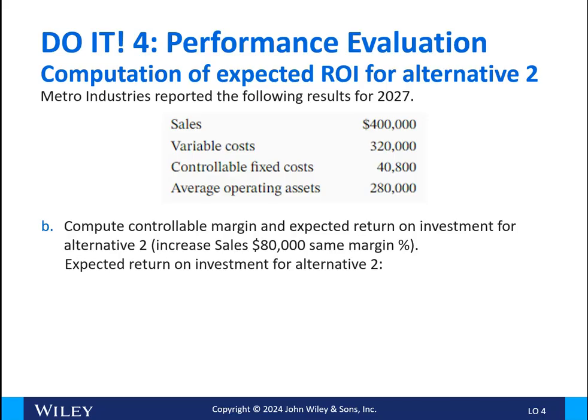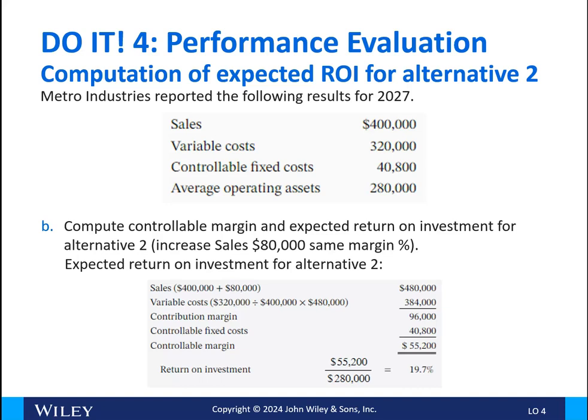Then we can calculate our return on investment by controllable margin divided by average operating assets. And we get 19.7% return on investment. So again, another decent increase. So both of them increase our return on investment. Option 2 increases it just a little bit more, so that would be the one to pursue, but we're at a 1.1% difference, so it's not a very significant difference.